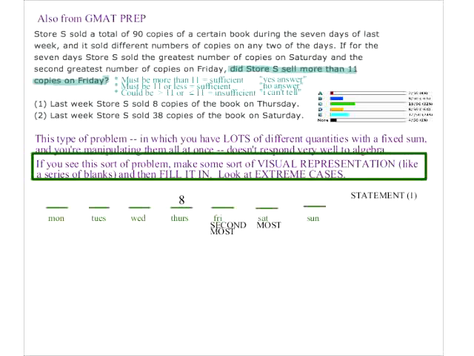It helps to diagram this kind of stuff and actually make it explicit. So the question we're asking here is, is this thing more than 11, or is it less than or equal to 11?